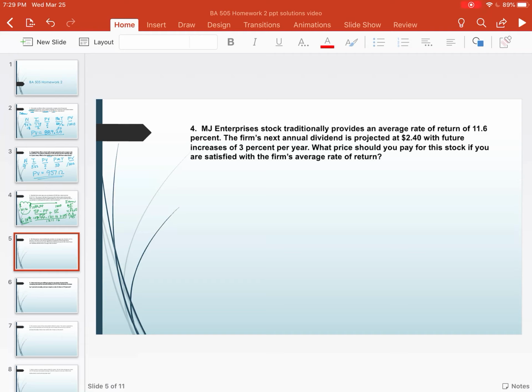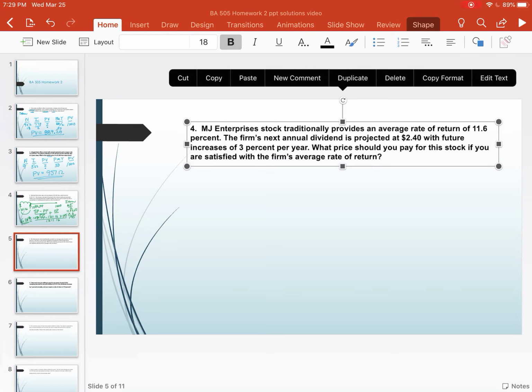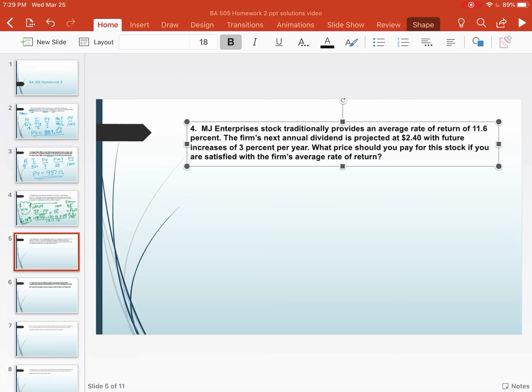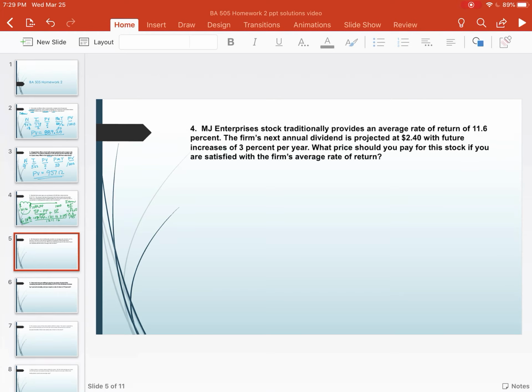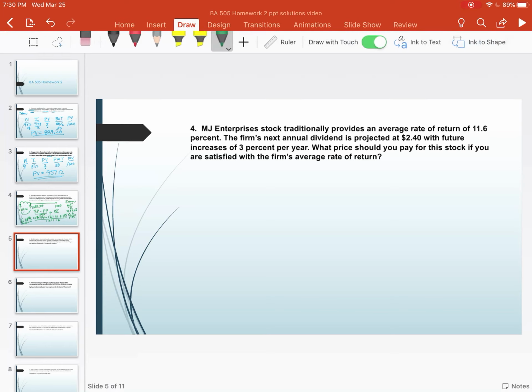MJ Enterprises stock traditionally provides an average rate of return of 11.6%. The firm's next annual dividend, okay, again, remember next is awfully important, okay? Next is the dividend that we're looking for with our actual formula, okay?